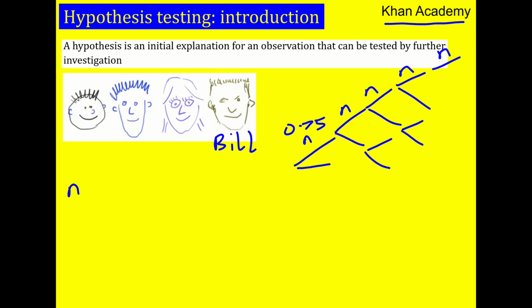So for n equals 5, the probability that he wouldn't do the washing up would be 0.75 to the power of 5. And we can put that into our calculator, and it gives us 0.237 or 24%. So it's not that low a probability that he wouldn't have been picked after 5 goes.